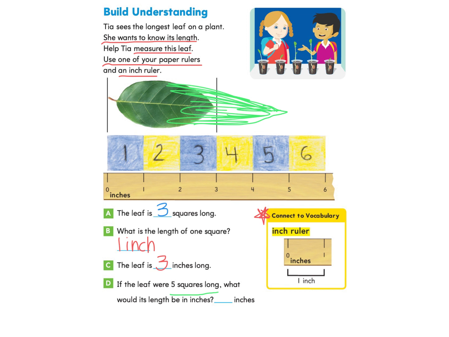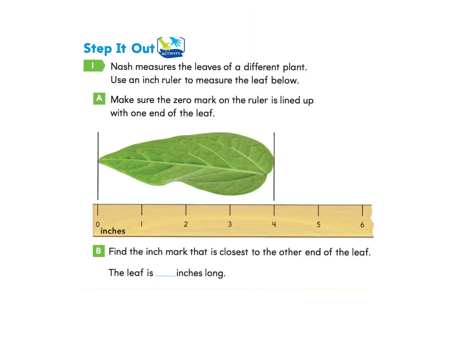Well, it would go to the 5 right here, which means it would be in how many inches? 5 inches. 1, 2, 3, 4, 5. So we can write that in here, that it would be 5 inches. Nice work.